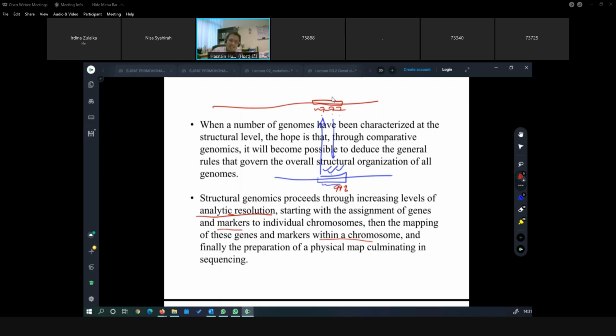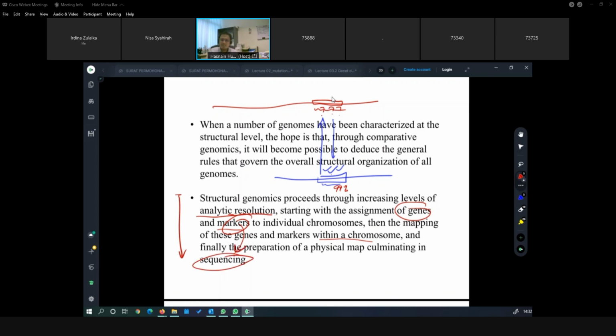So this, in one sentence from here to here, encompasses several resolutions that took more than 10 years to achieve, from genes and markers towards sequencing over here. So it takes many years.